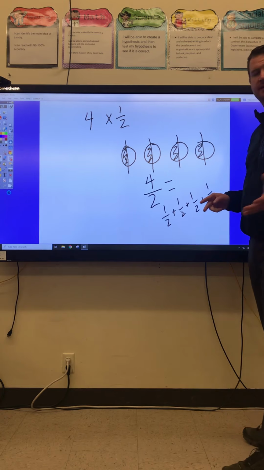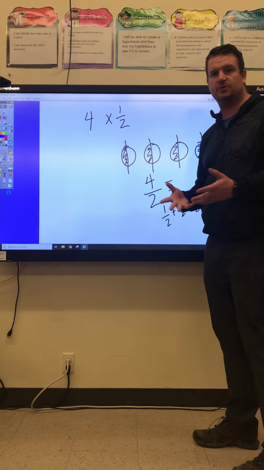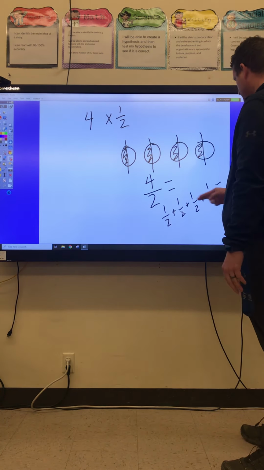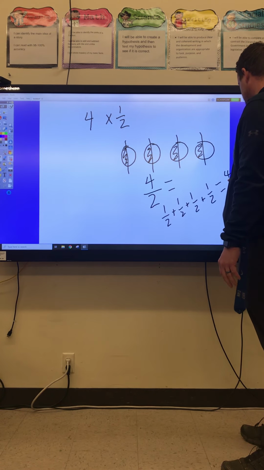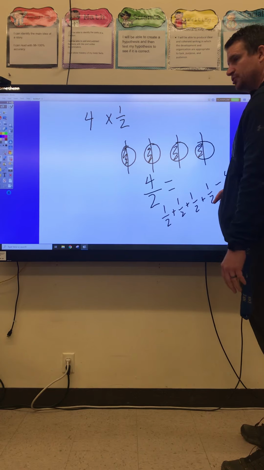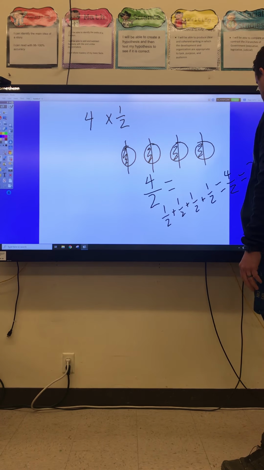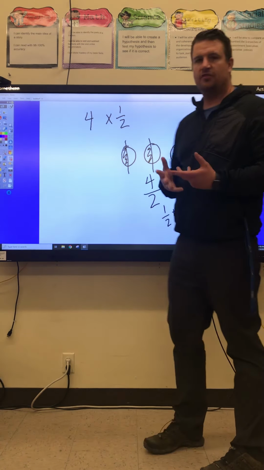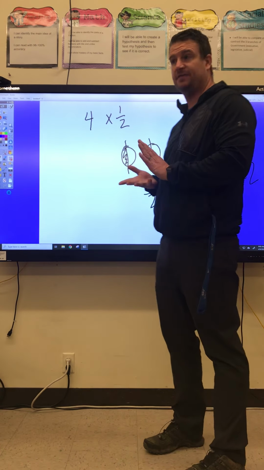This is repeated addition, which, as we know, is multiplication. So that equals 1, 2, 3, 4. You know we don't add the denominators. So that equals 4 over 2. If we reduce that, that equals 2. That is the repeated addition method of this.